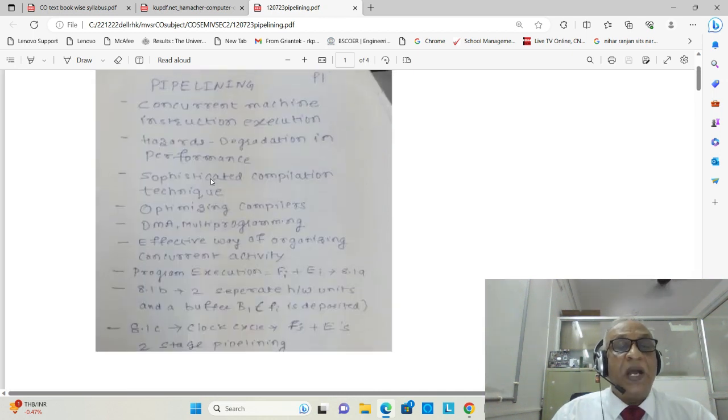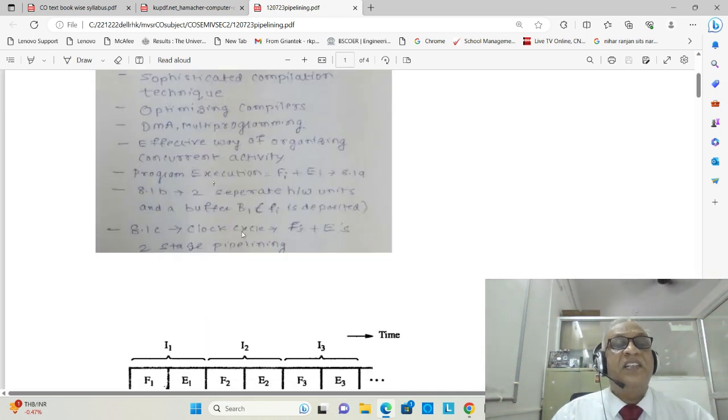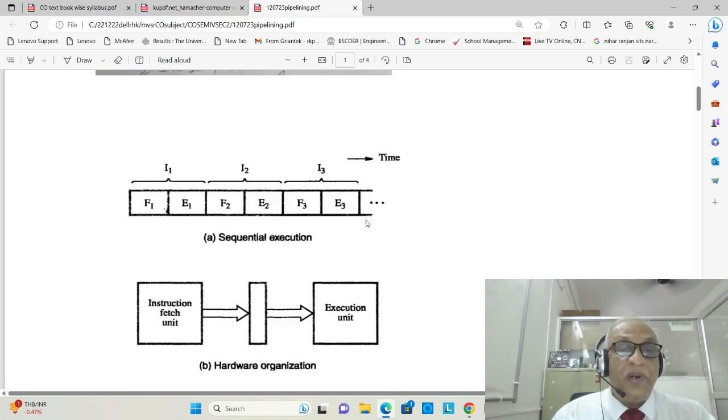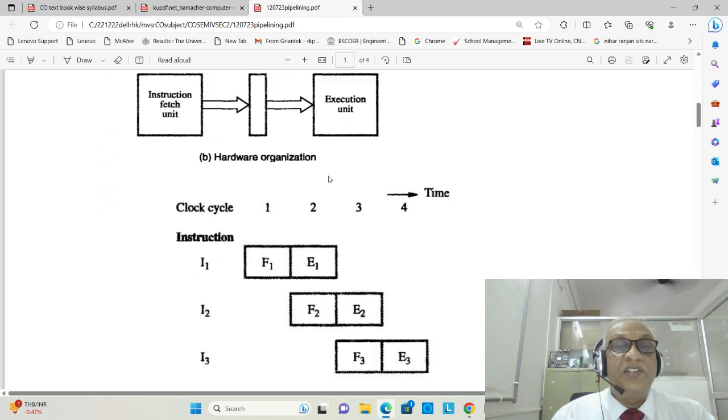To understand pipelining, we'll start with a two-stage pipelining example by referring to figures 8.1a, 8.1b, 8.1c from the Hamacher textbook. Let us look at this example.